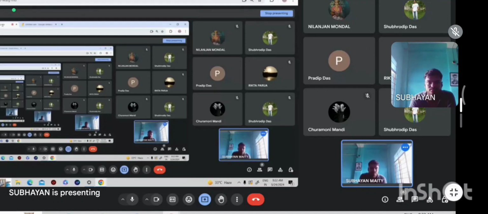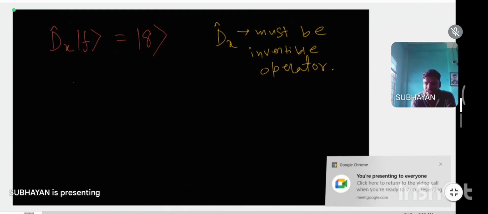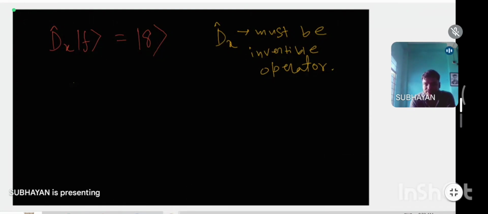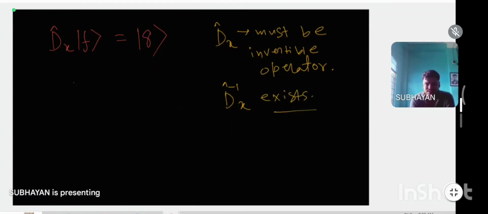Inverse possible. The inverse of dx must exist. Suppose this is denoted by d inverse x. This is called an invertible operator. So generally in quantum mechanics or in any laws of physics you have studied so far, all include invertible operators. So dx f equals z.